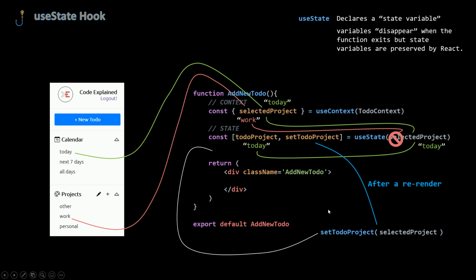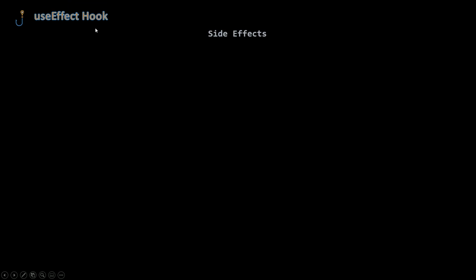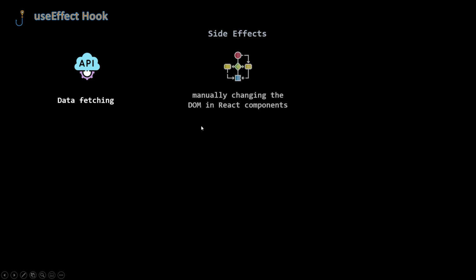So now I will have the permission to call this line of code, this function here, a side effect. So when you have side effects in React, you need to use a hook called useEffect. So let's talk now about some examples that are side effects in React. So you need to use your useEffect hook when you have some side effects, like when you need to do some data fetching or some manual changing to your DOM, or setting up a subscription to some external source.